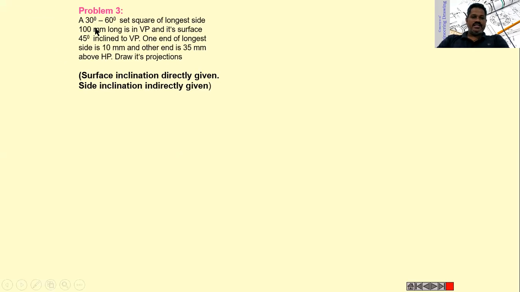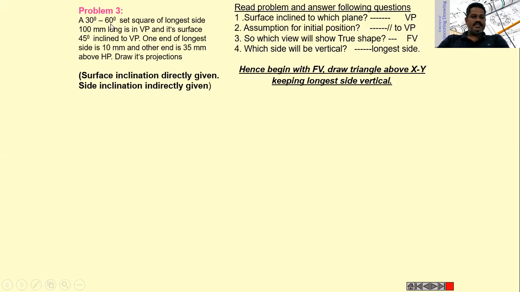In this case, you can see here the same example I'm considering. A 30 degrees, 60 degrees set square of longest side 100 mm long is in vertical plane, same thing as in the previous case, and its surface is 45 degrees inclined to VP. In the previous problem also, it is 45 degrees inclined to VP. One end of the longest edge is 10 mm and the other end is 35 mm above the HP.